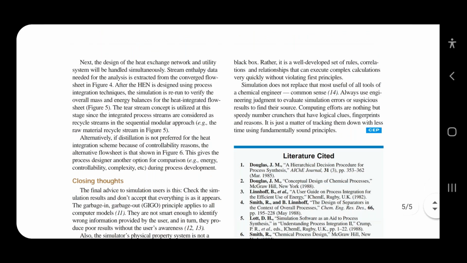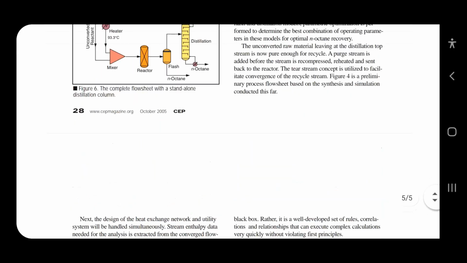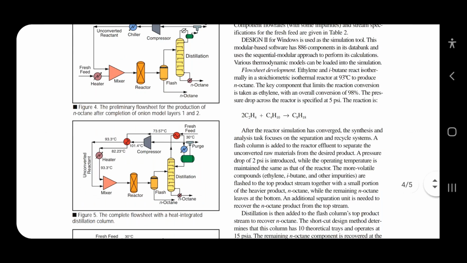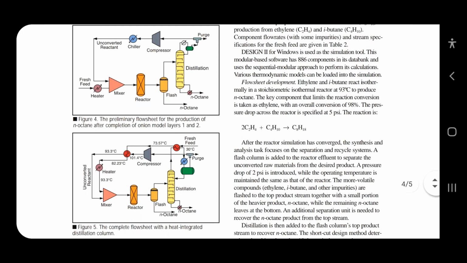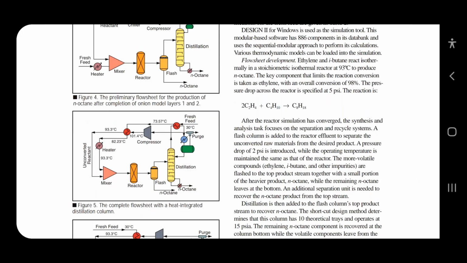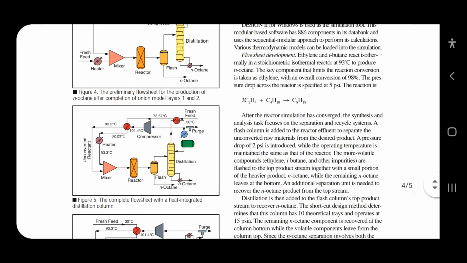The explanation is already given and a simple example is given. So you have to look at the flow sheet and temperature conditions. Then you will see where they use the heat exchangers, where they use the compressor, where they use the condenser. That's the task.